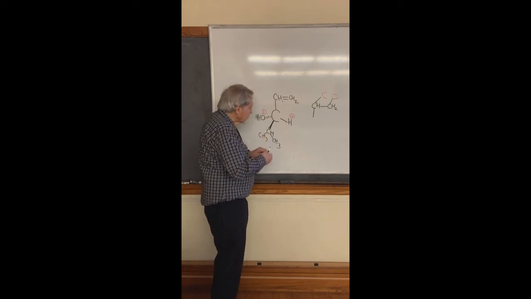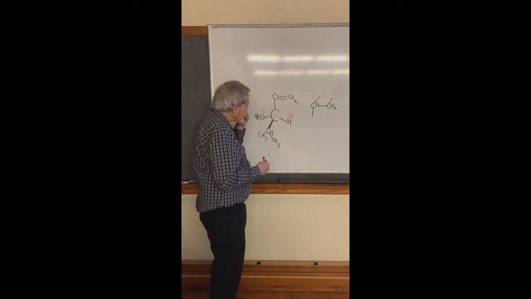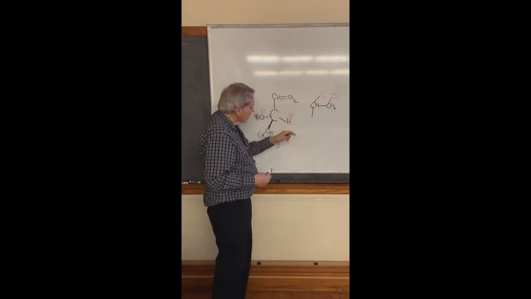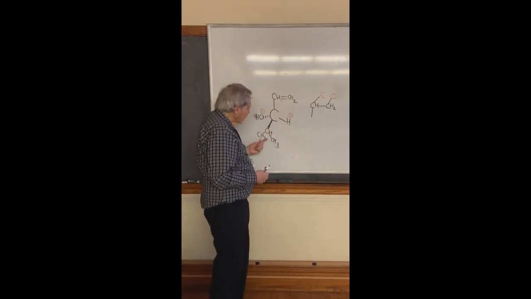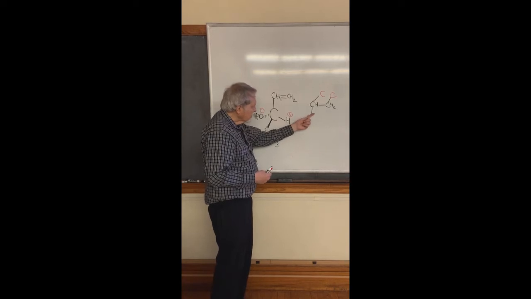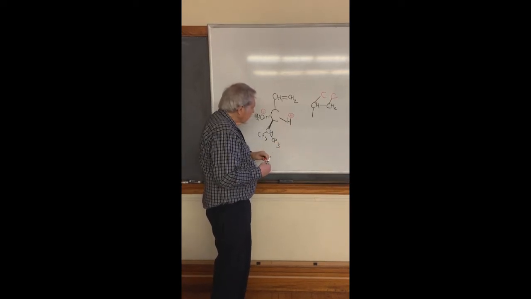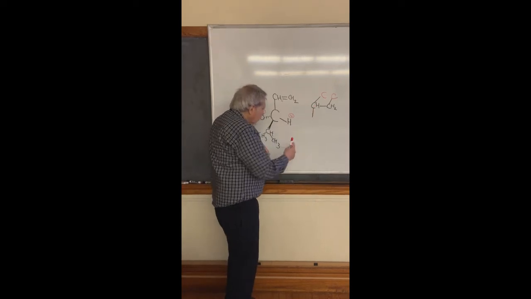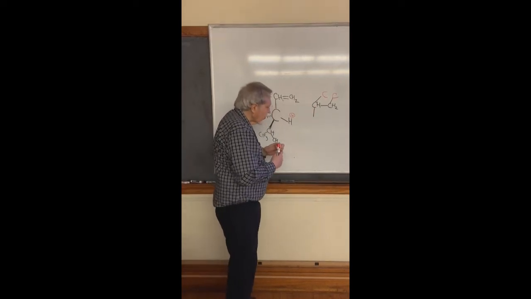Now the question is prioritizing these two groups. Again, we're not going to look at that, we'll look at this. What is the relative ranking of the isopropyl and our redrawn double bond group? Well, all right, the first attached atom is a carbon in this case. We go to the second tiered atom.